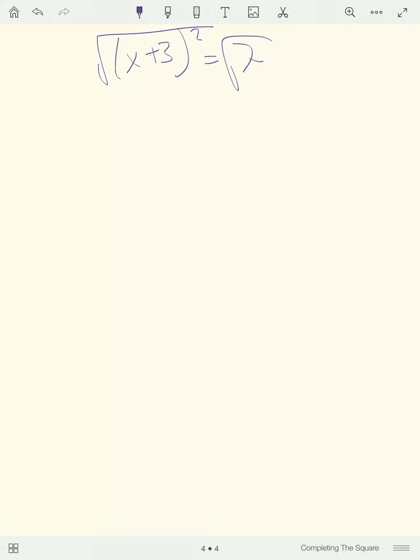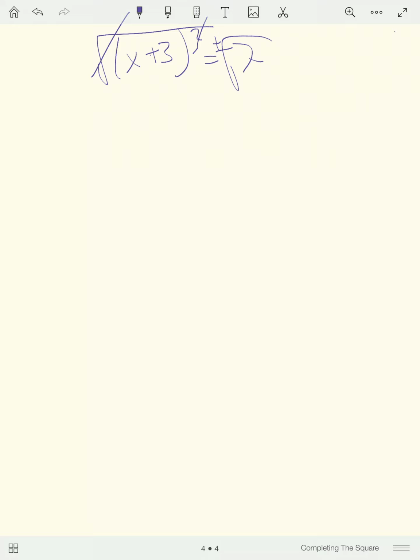Now, if you've been in my study group before, you will remember that I've made it very important to point out that if you are taking the square root of both sides of an equation, it's important to remember that for the side that you're not using the square root to cancel, like we are here, meaning this side, you're going to also consider both positive and negative answers for that square root.